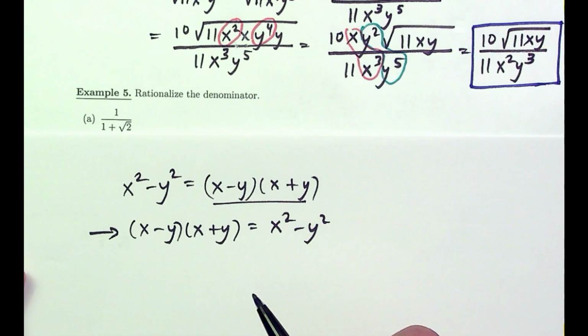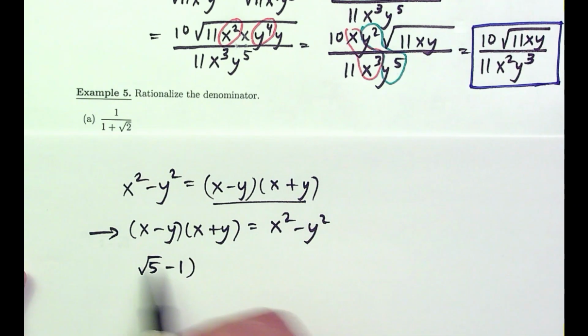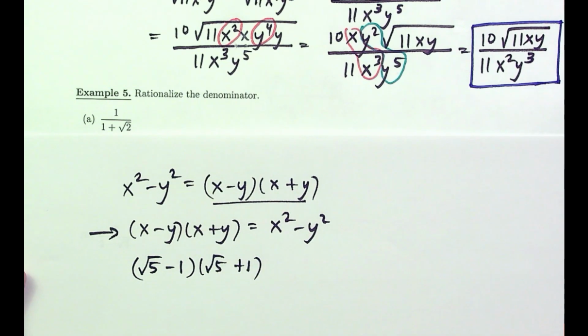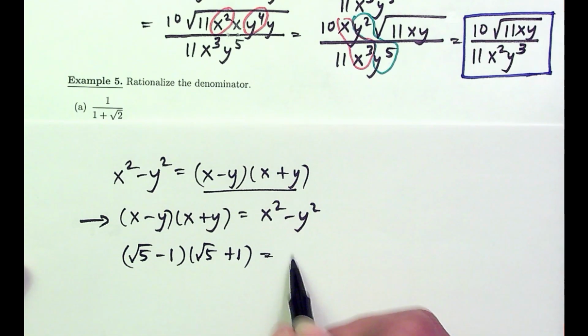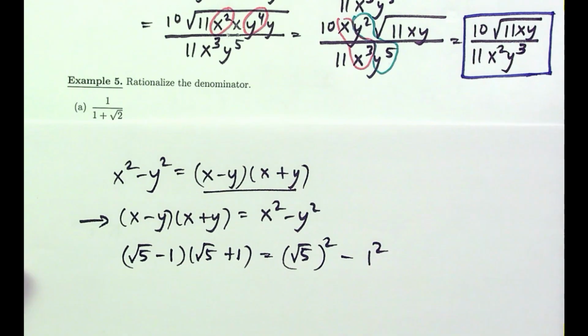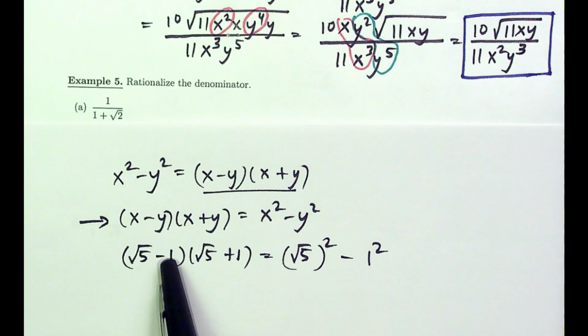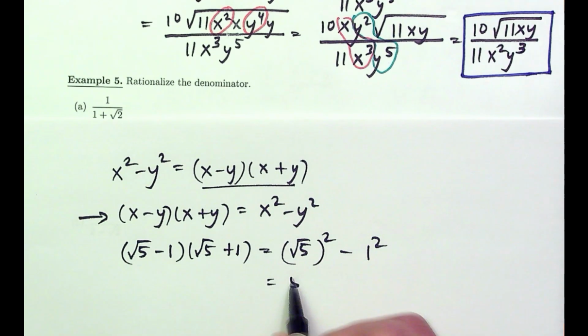Okay, and that is good because if I have something like square root of 5 minus 1, square root of 5 plus 1, then this formula tells me that all I'm going to get is the square root of 5 squared minus 1 squared. So you're going to get this thing squared minus that one squared. And that magically gets rid of square roots. So this would be 5 minus 1, which is 4.